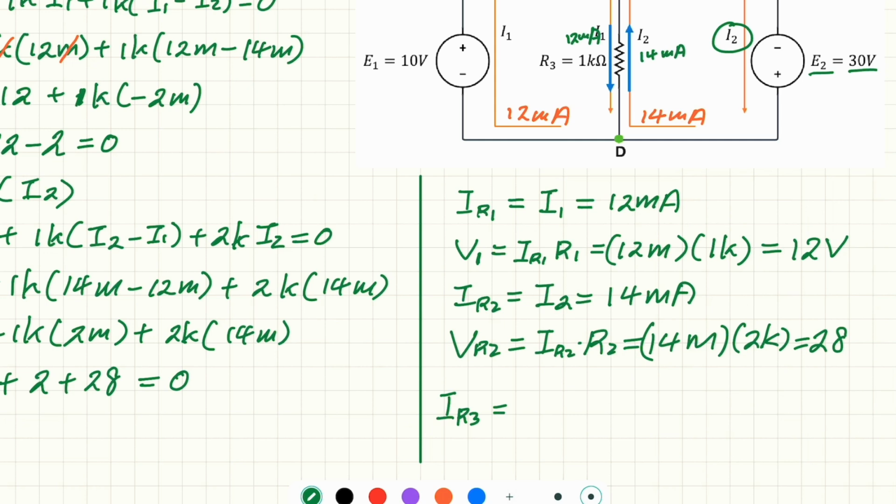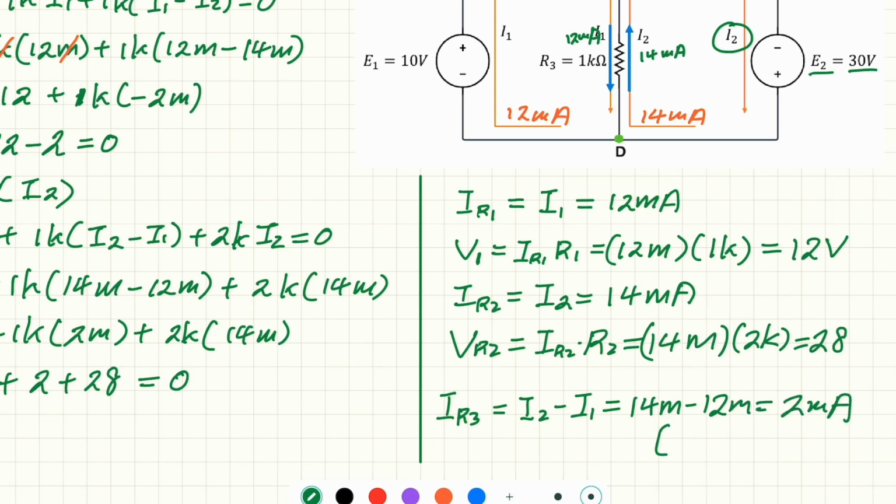IR3 this time is the difference between the two mesh currents, I2 minus I1, which is 14 milliamp minus 12 milliamp equals 2 milliamp.